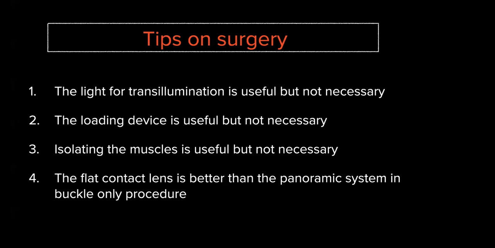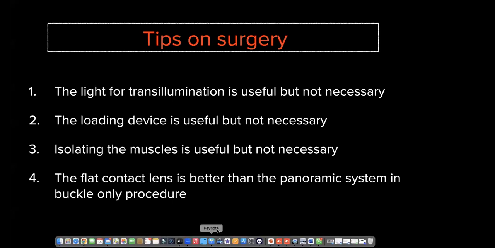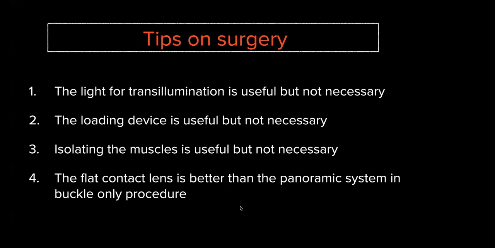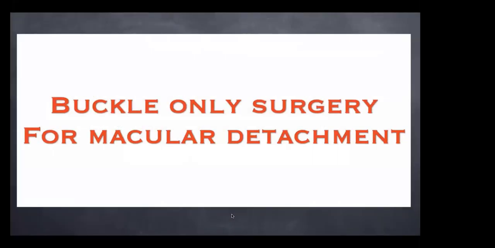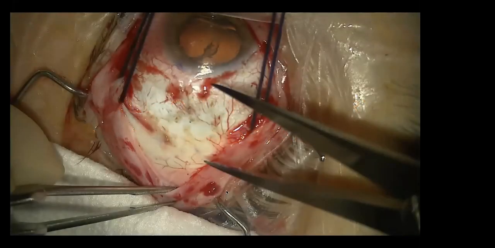The loading device is useful, but you can do without. Isolating the muscles is very useful, but it's not totally necessary. And now I have switched the check of the location of the buckle from a panoramic viewing system to a contact lens. I think it's much easier, and I will show you how the surgery is done now.